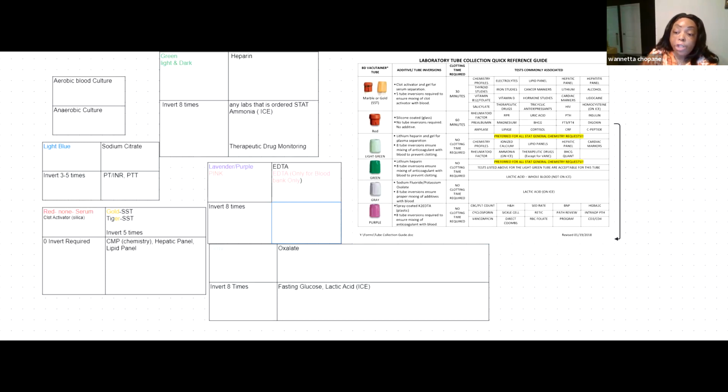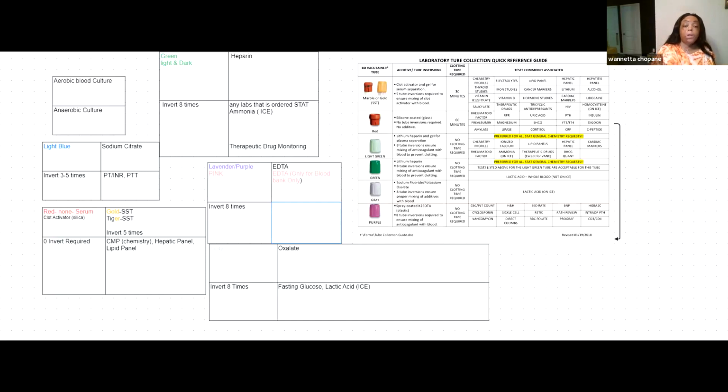But H&H is done within a CBC because that is a complete blood count. So if someone has just a separate order for H&H, that's because the doctor solely wants to know about their hemoglobin and hematocrit level. But if they want a full panel of their blood levels, then they'll do a CBC. So that's why a CBC is most important.